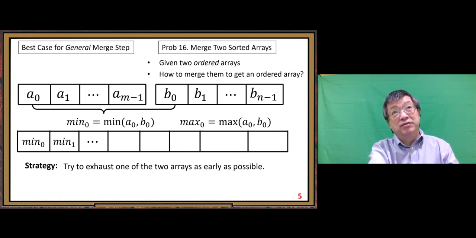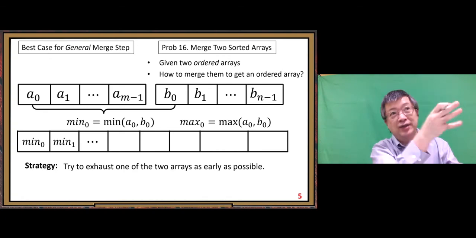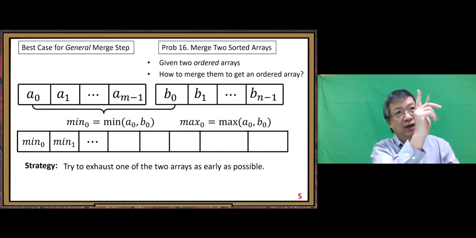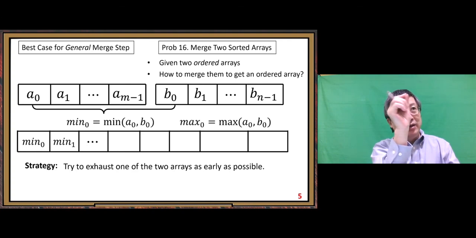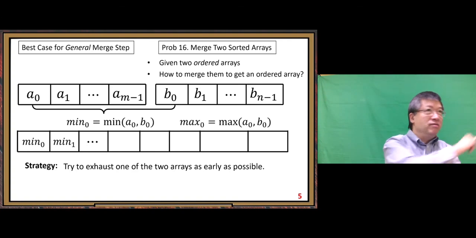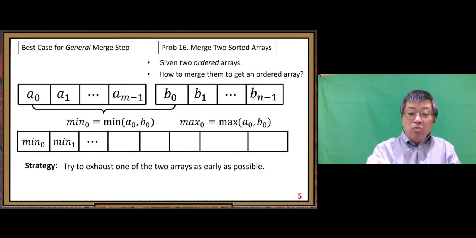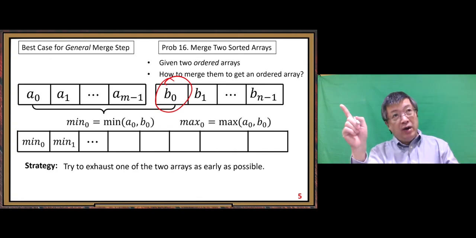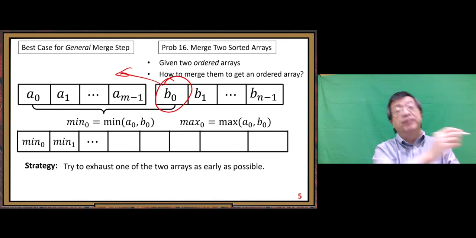Try to exhaust. So if you can exhaust one of the two arrays. What do you mean by exhaust? So one element in one array beats all the elements in the other one. Or the smallest element in one array beats all the elements in the other array.